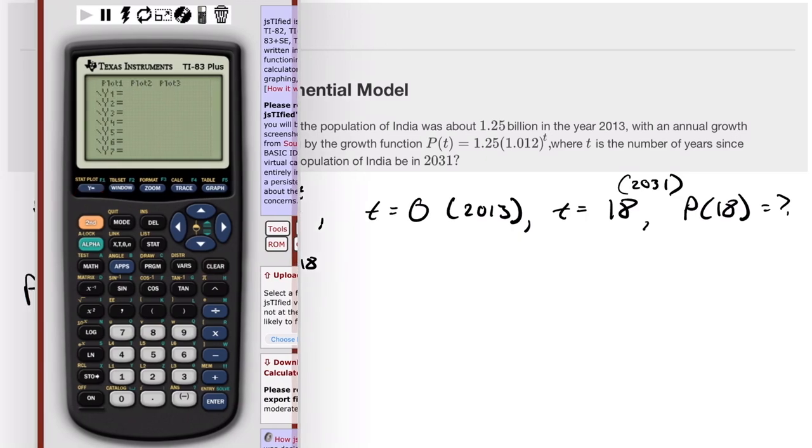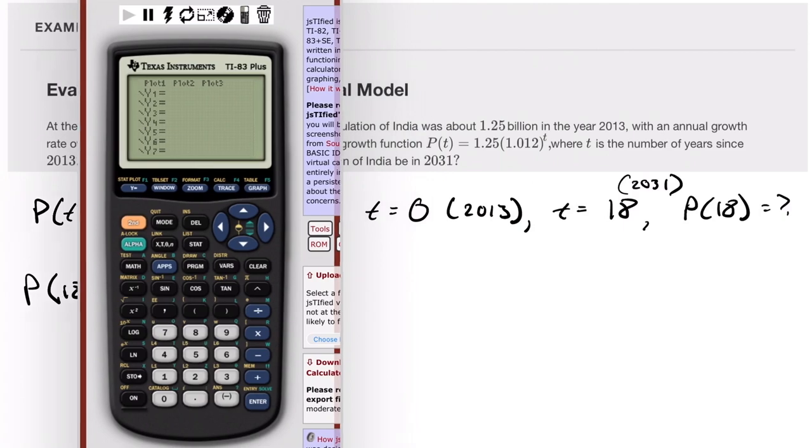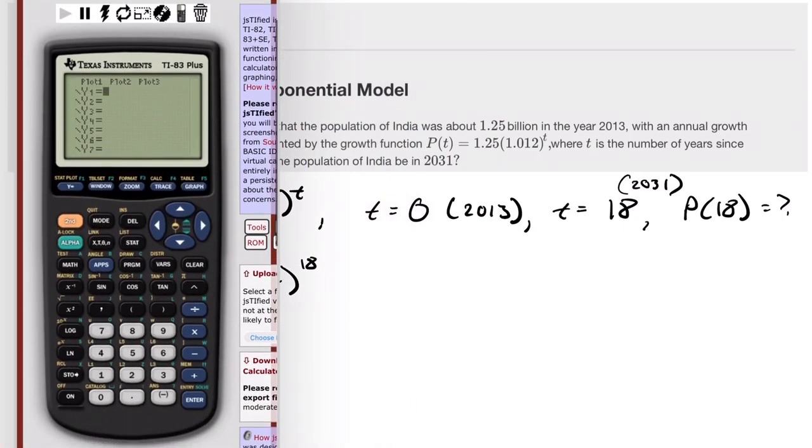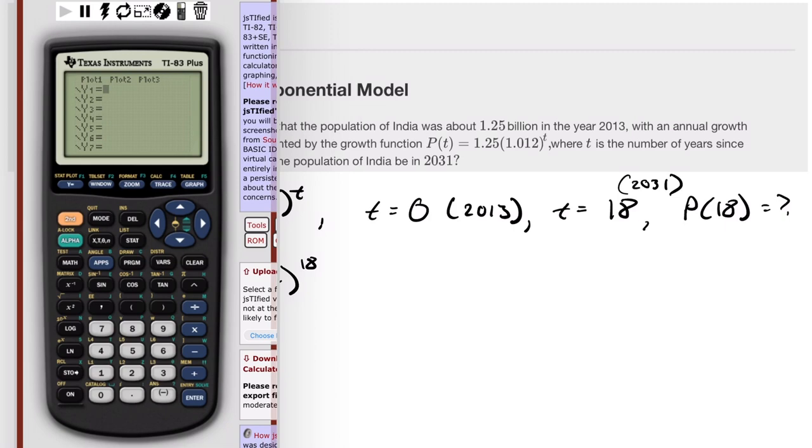I'm going to put it into my y equals: 1.25 parentheses 1.012 to the power of x. That should be good. Then I'm going to call on the function.